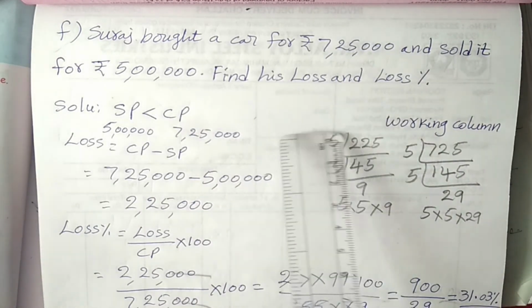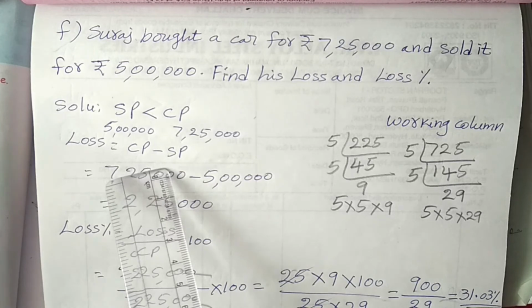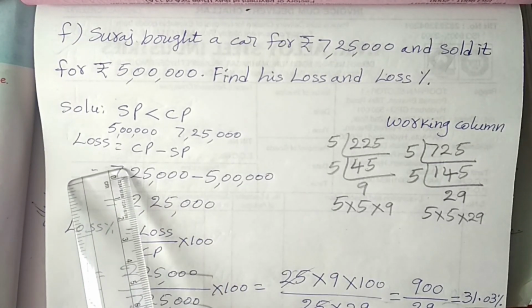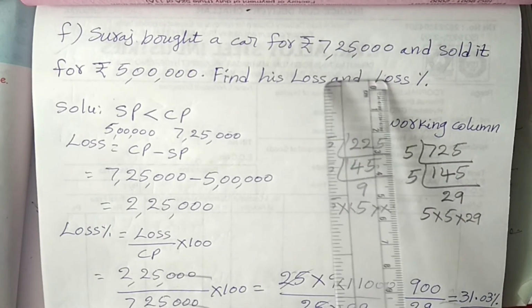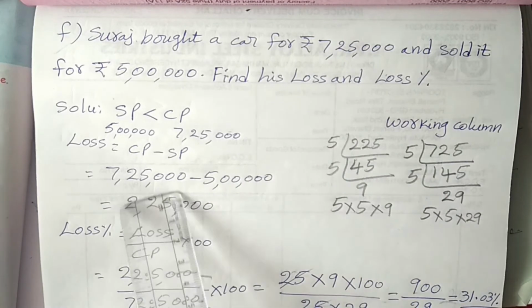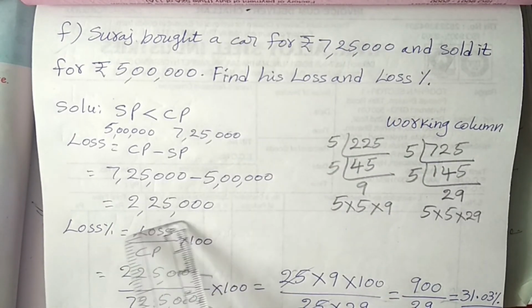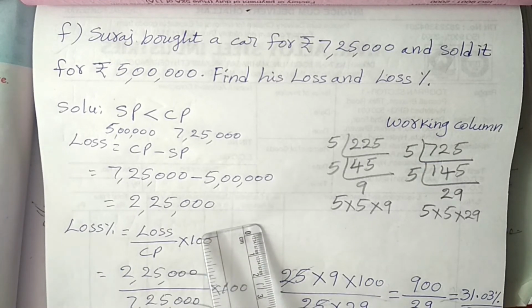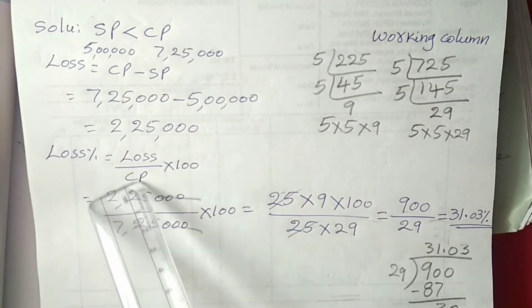That means to find out the loss over here, what is the formula? Cost price minus selling price is equal to loss. So here what is the cost price? 7,25,000 minus 5 lakhs. The loss is 2,25,000. Now find out the loss percentage here.